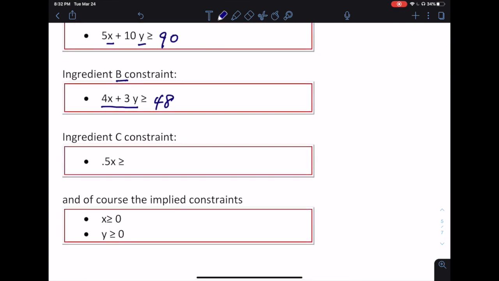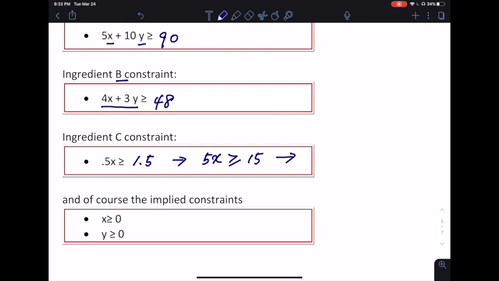Now for ingredient C, since the second brand does not have any ingredient C, it is simply 0.5x, which must be greater than or equal to 1.5. For this constraint, note that you can multiply each side by 10. This gives 5x greater than or equal to 15.